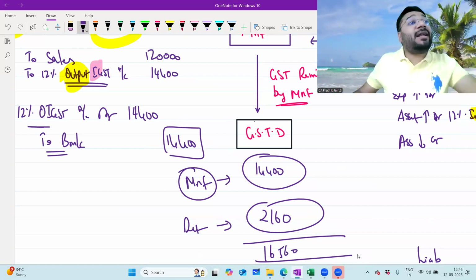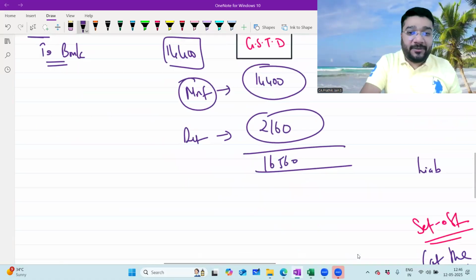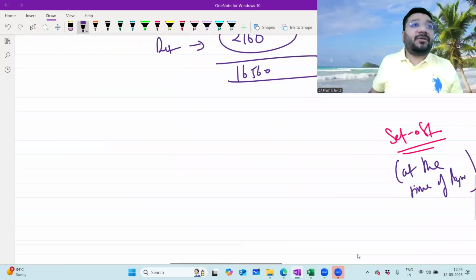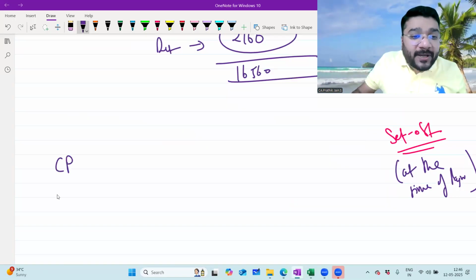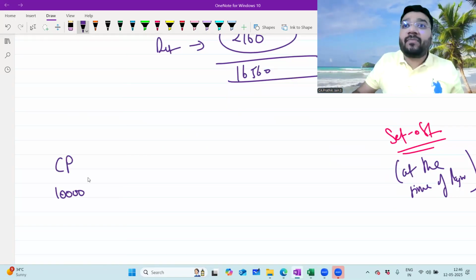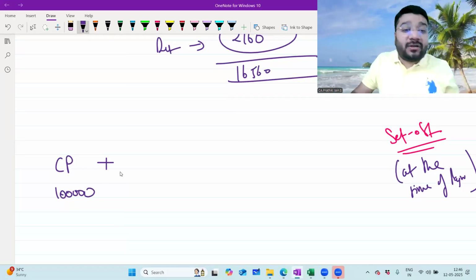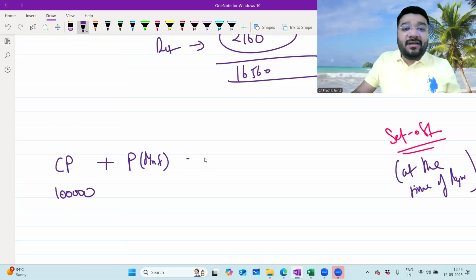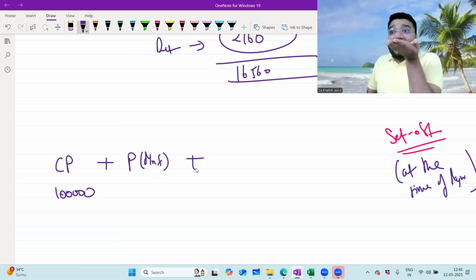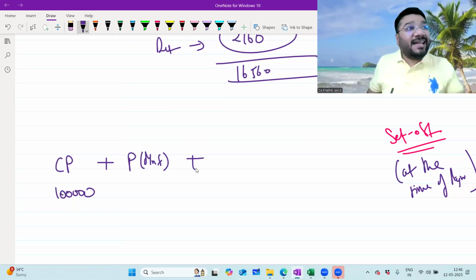GST is on the value added tax system. Listen to me very carefully. In this entire process, the manufacturer, in the first stage, charged a cost price of 1 lakh rupees. Do you agree with me? What is the value addition for the manufacturer? Profit of the manufacturer. When the goods came into the hands of the retailer, what is the value addition done by the retailer?